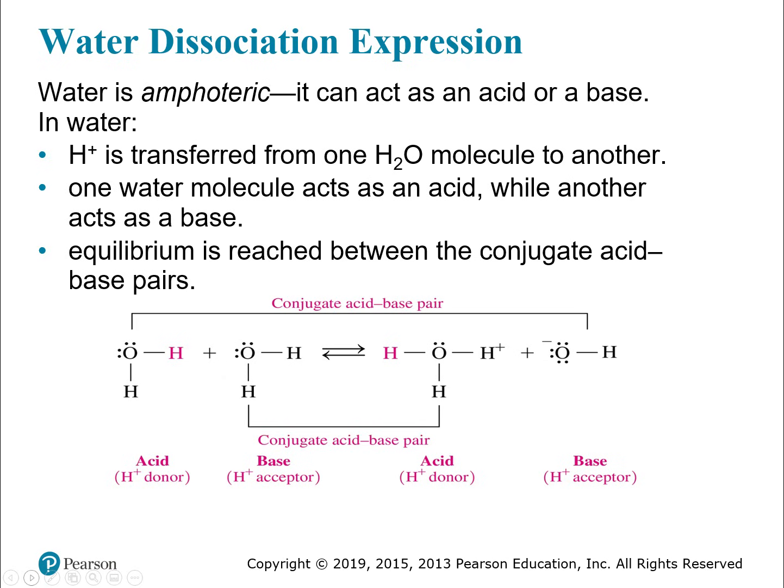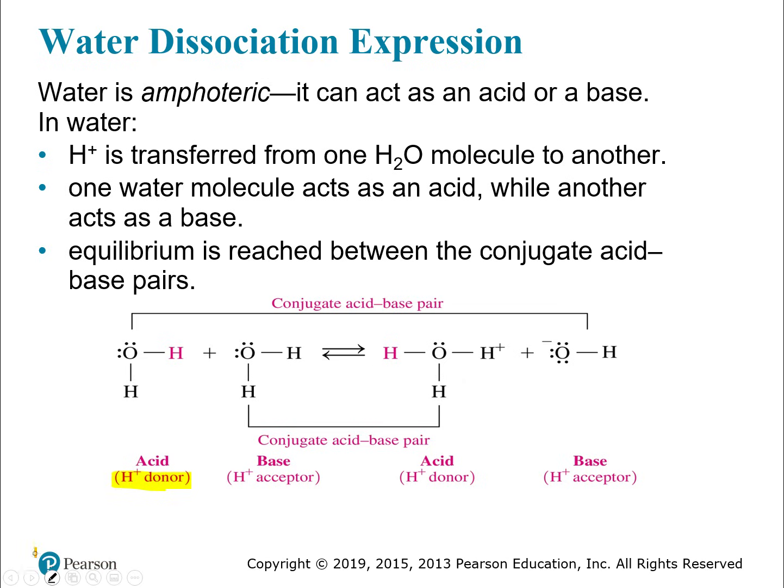The hydrogen ion is transferred from one water molecule to another. And that's how it forms the hydronium and the hydroxide. So one water molecule acts as an acid, the other one acts as a base. And what does that really mean? An acid is a hydrogen donor, so it will give up one of its hydrogens.